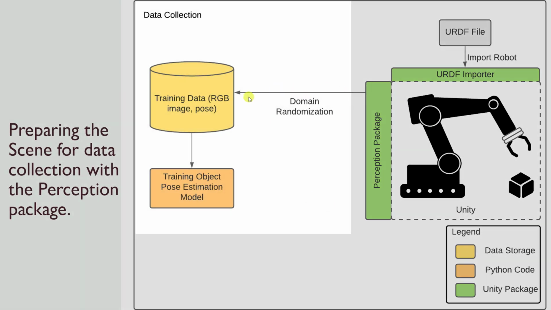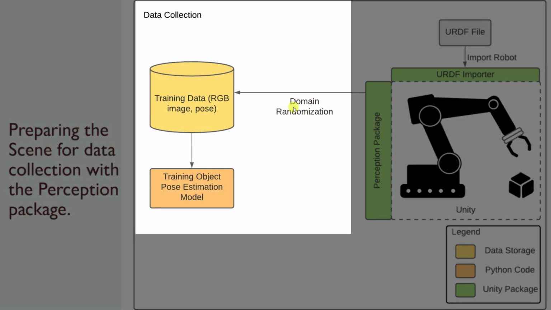Now how we can use domain randomization in order to train our model with specific data that has to do with RGB image and pose. And finally, we will create by training our object pose estimation model.